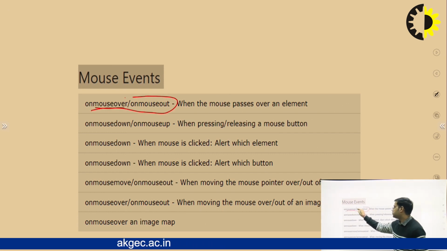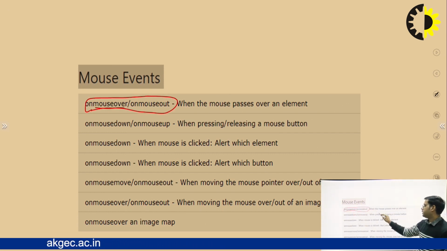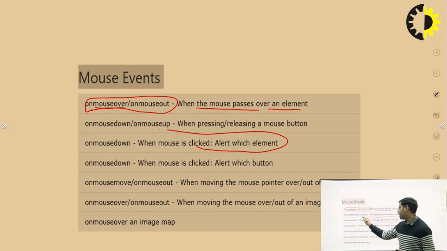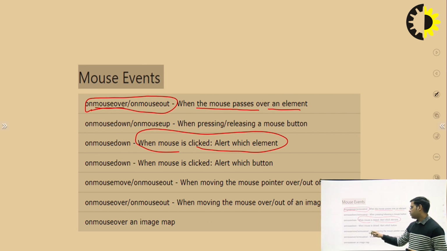For the statement of this event, when the mouse passes over an element, when the user scrolls or passes the mouse over the text, over the element, some changes occur. Similarly on mouse down, when the mouse is clicked, alert which button.